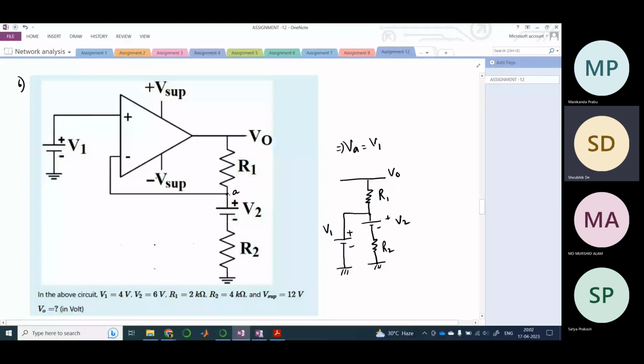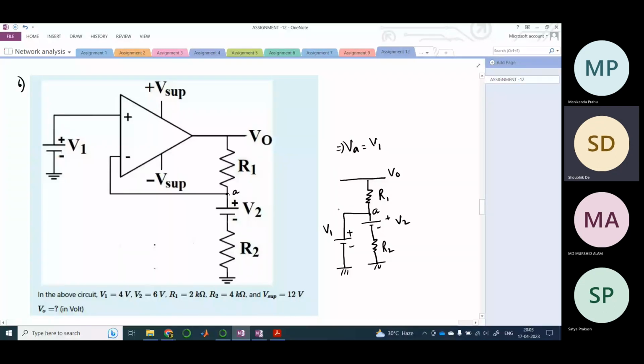The potential at the non-inverting terminal is equal to the inverting terminal, which is equal to V1, and it is applied at node A. Therefore the total potential across this V2 and R2 would be equal to V1.